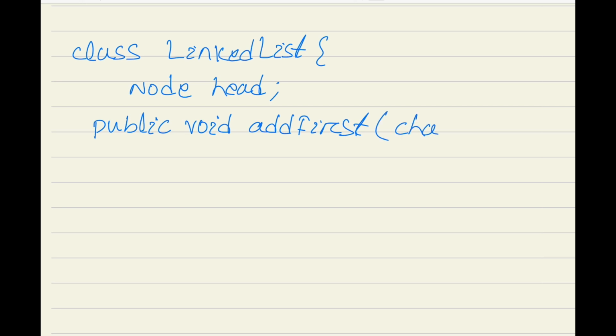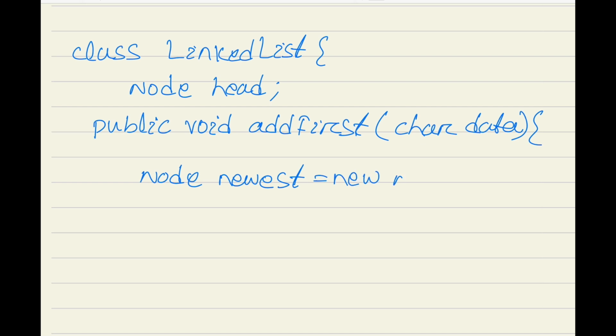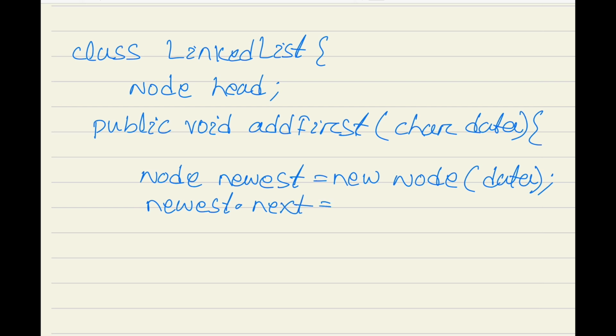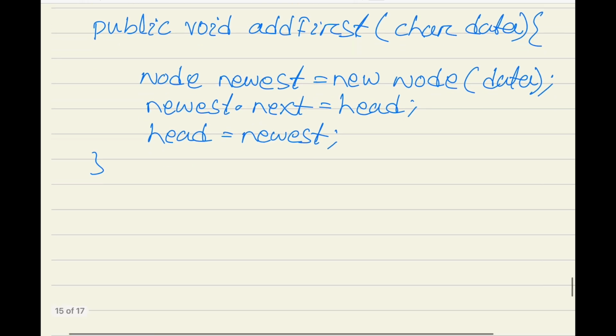So we can write char data here, because add first method is going to take one parameter of type char. Then we can create a new node. So node newest equal to new node and pass the data, and newest dot next will be head, and head is going to refer to the newest, and this is end of the method add first.